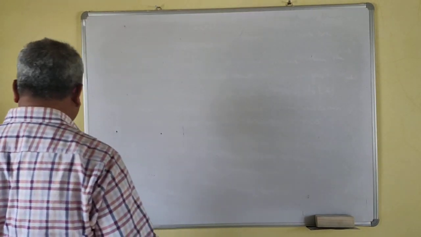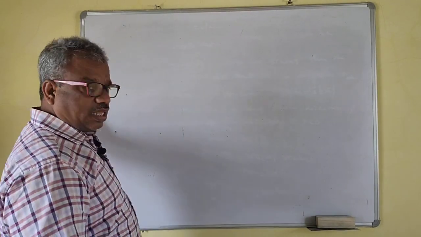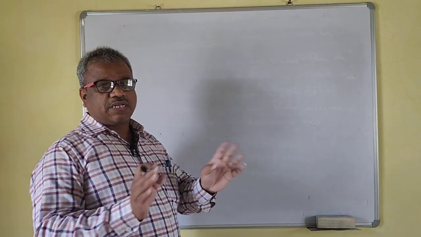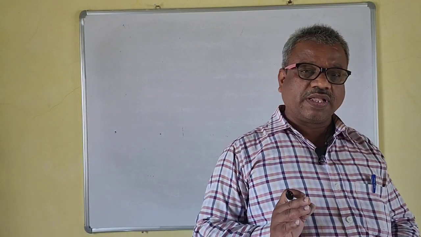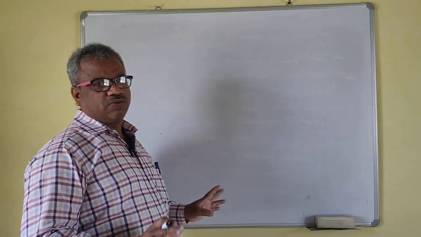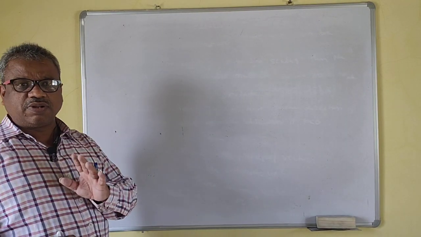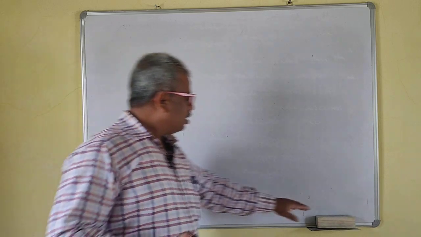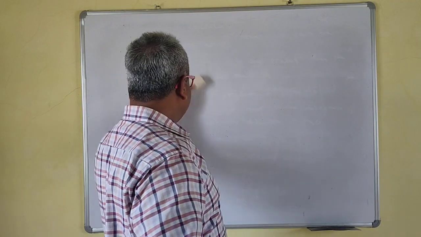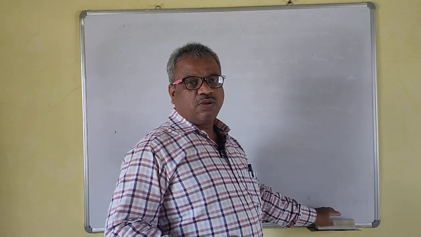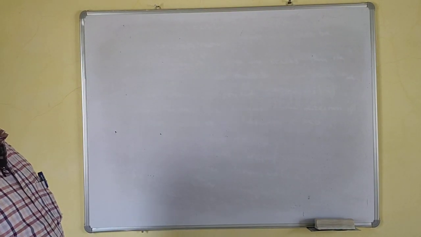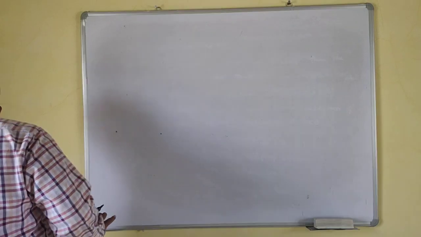That means magnitude is not the same, direction is also not the same, but they should be parallel. So when we say two vectors a bar and b bar are collinear, one vector is a scalar multiple of the other vector. Remember this definition. This is the mathematical definition.